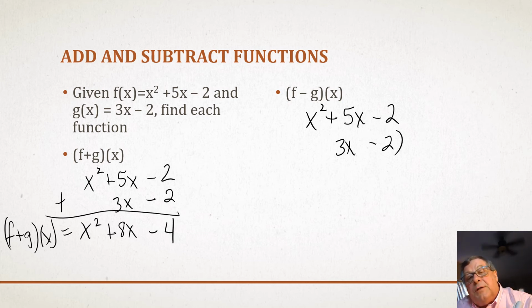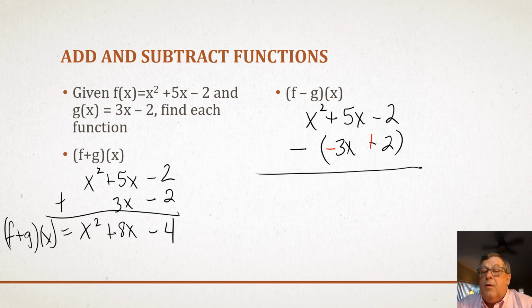I like to put this in parentheses and put that subtraction symbol out there, which tells me that I need to distribute negative 1 to 3x minus 2, which makes this negative 3x plus 2.